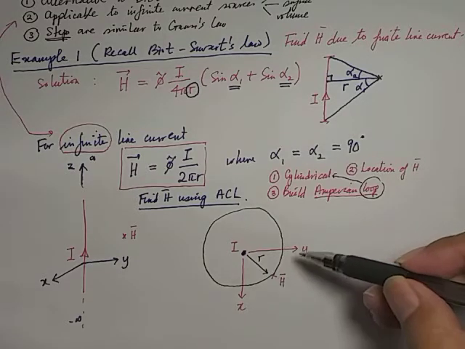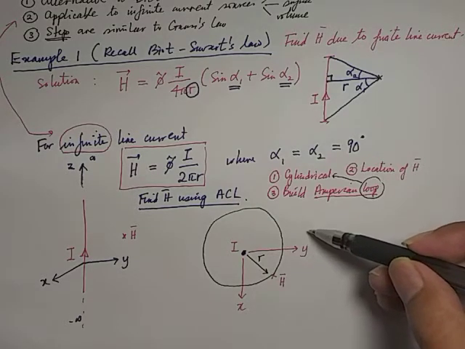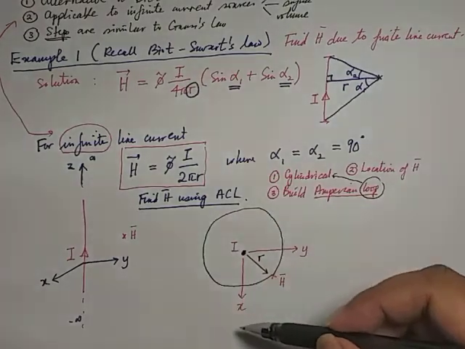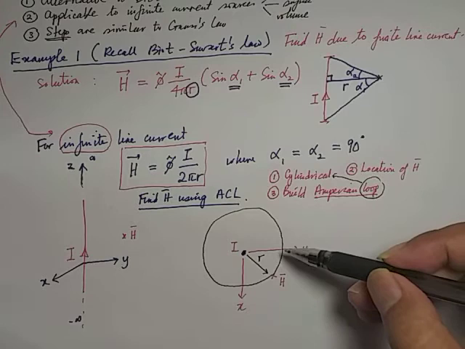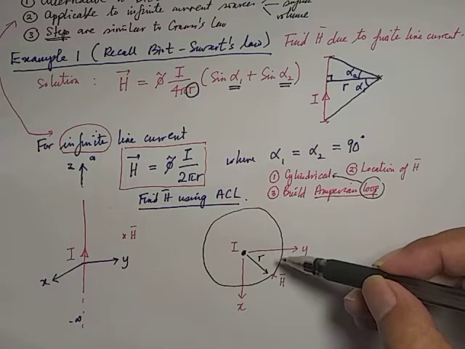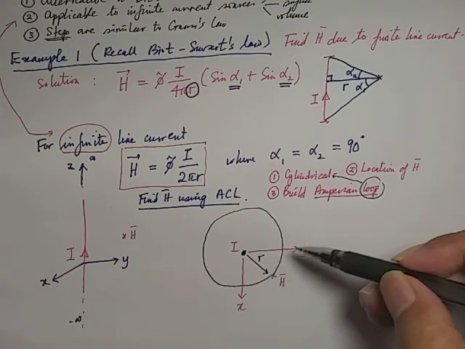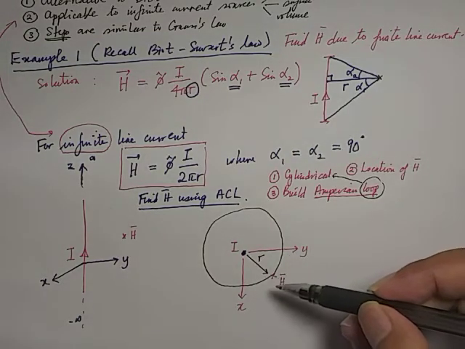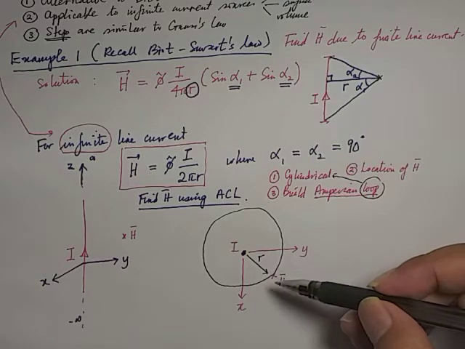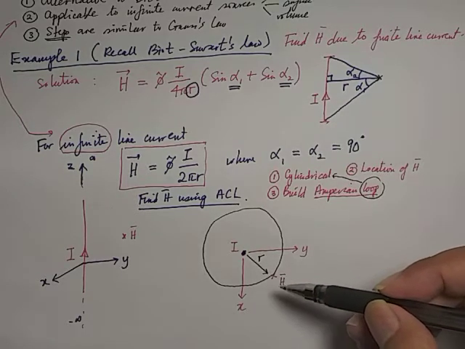If I move the H to this location, I'm going to redraw my Ampere loop to pass through that location. As you can see, it's flexible. The idea is similar to the Gaussian surface, where you can move the surface according to the position of the electric field. In this case, I can move the loop according to the position of the magnetic field.